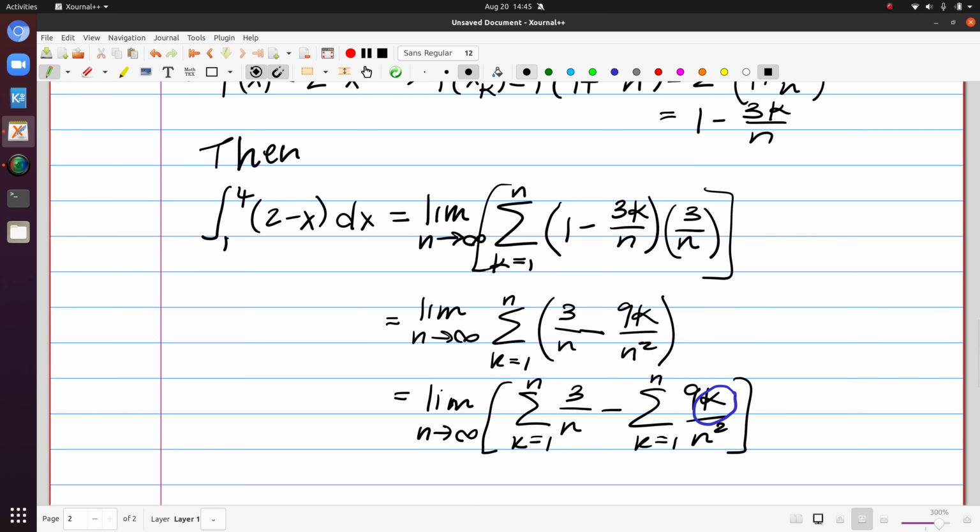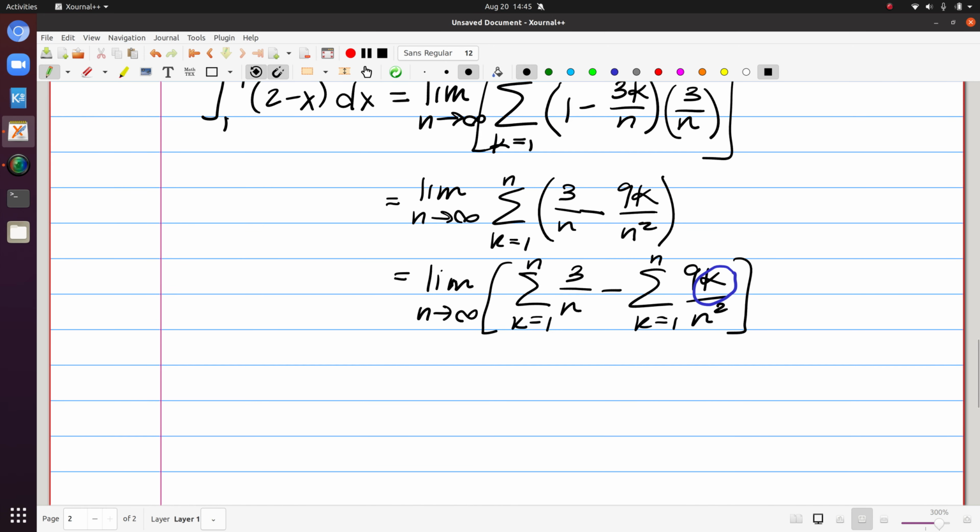So another thing we talked about with our summations is that you can factor constants with respect to the index outside of the sum. So in this one, the index is k. So what I've circled in blue, that has to stay inside of the sum. But 9 over n squared is constant with respect to k.